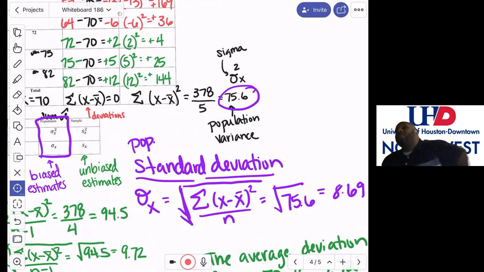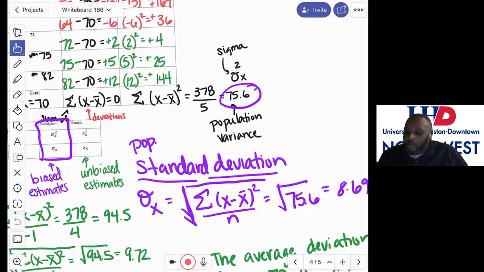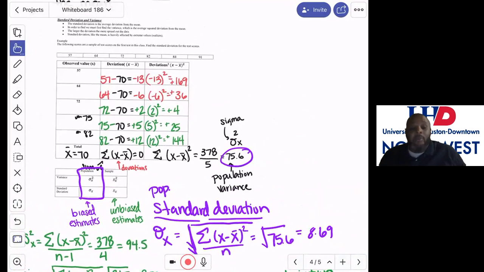Now, the problem with this, though, is that it's assuming that we're talking about a population. We know that these 5 scores are not the population. Remember, a population is the big picture. This is a sample of those scores. And because it's a sample, these values that they're giving me are too exact. They're biased, we call biased estimates.